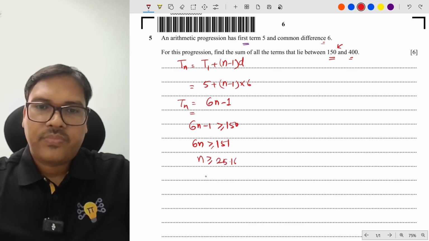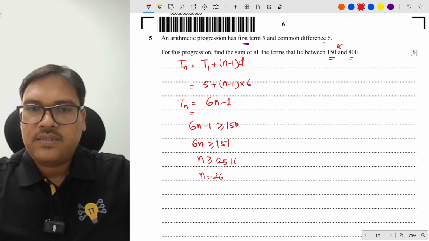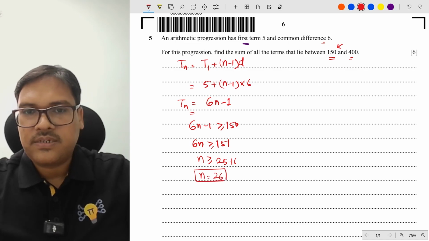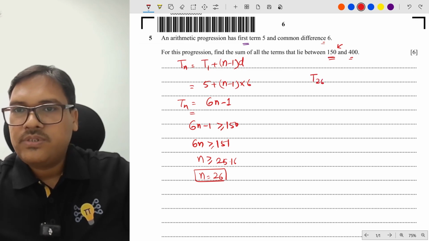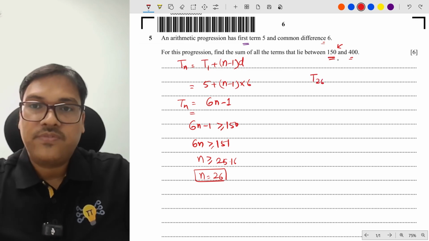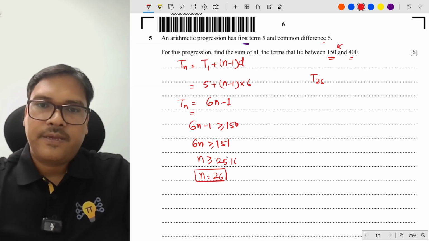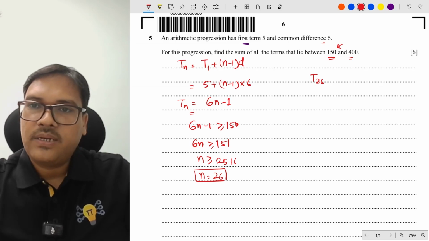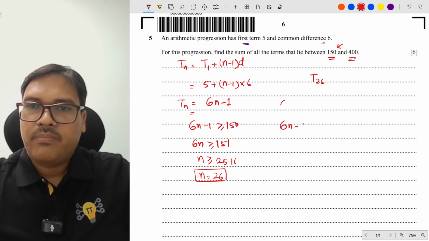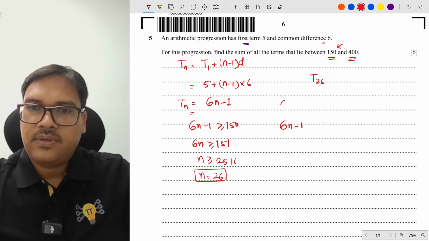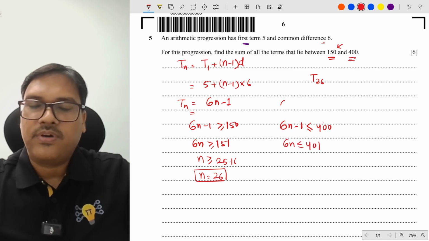So you can see, when n is equal to 26, the 26th term is the first term which is between 150 and 400. Now I want the nth term, 6n minus 1, to be less than 400. So 6n is less than 401.